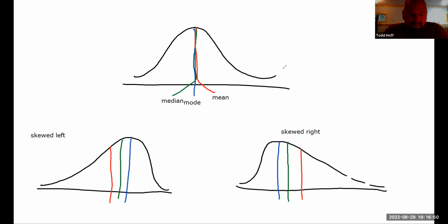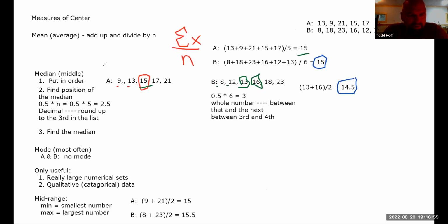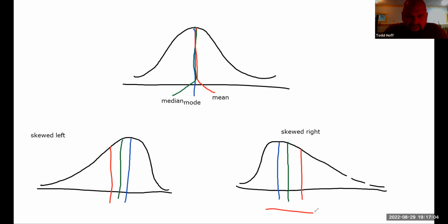So when we look at the data we had back here for set B, the mean was slightly larger than the median, which is telling us possibly a right skew because the mean is bigger than the median.